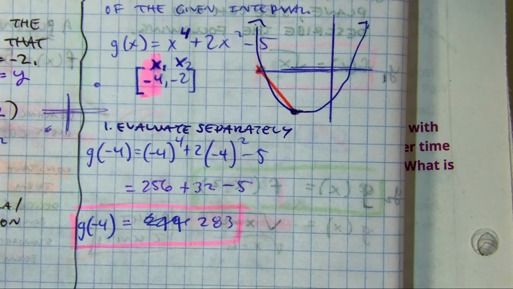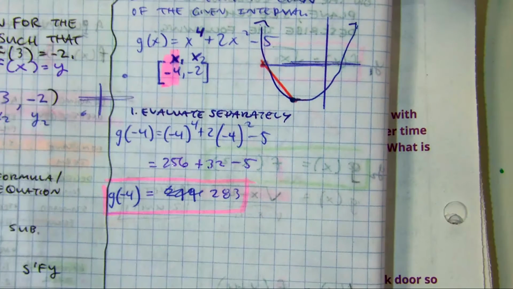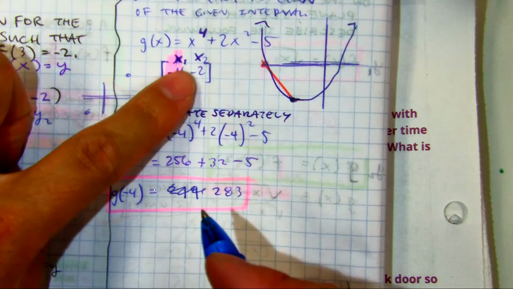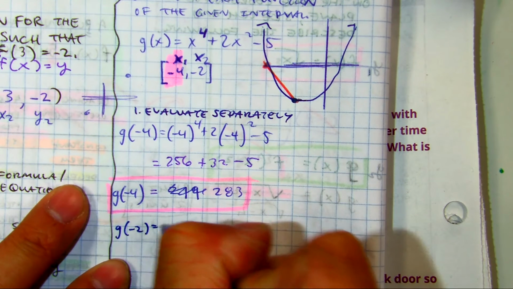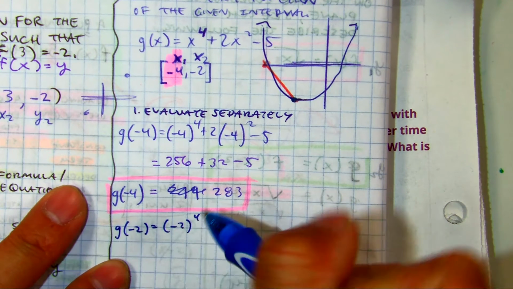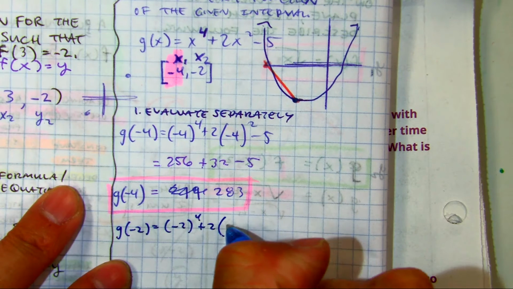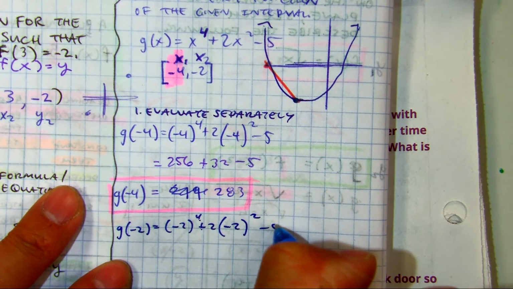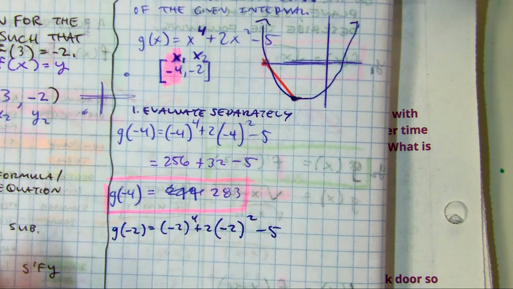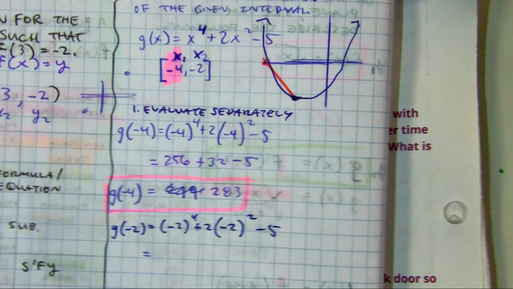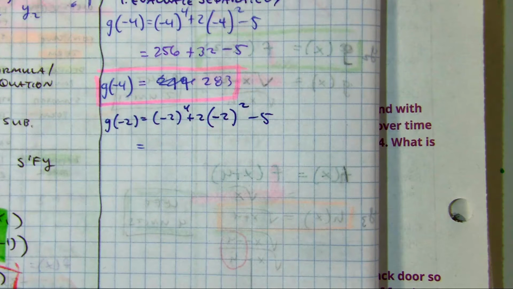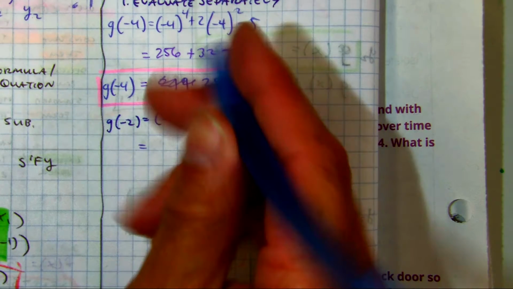Let's do the second one. Now I'm going to put in -2. g of -2 equals -2 to the 4th power plus 2 times -2 squared minus 5. Boys, -2 to the 4th power? 16.